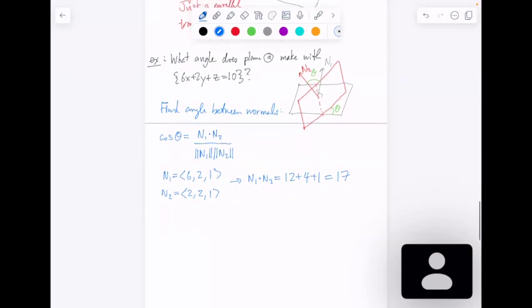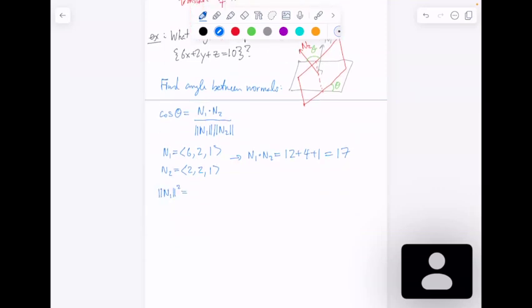And now we need to find the magnitudes. First of all, here's a useful trick to know. If I want the magnitude squared, for n1, for example, that's 6 squared plus 2 squared plus 1 squared. But another way of writing this is just the dot product with itself, n1 dotted n1. Sometimes it's helpful with computations.